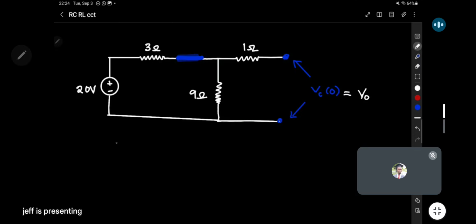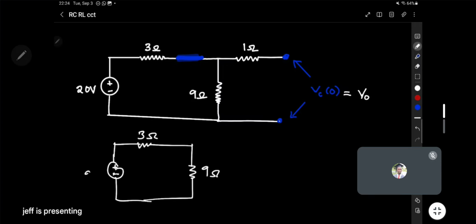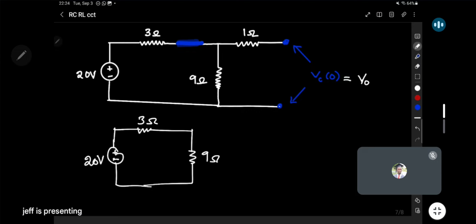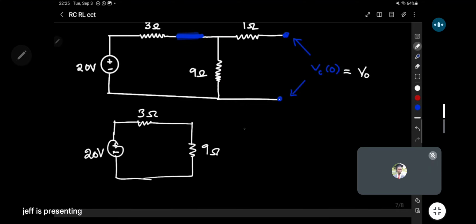So we'll view our circuit as if it's just like this. 3 ohms here, 9 ohms here, and then the supply 20 volts this side. So that we just want the voltage across the 9 ohms. Since these two resistors, the 3 and the 9, look like they are now just in series, I can use voltage division.